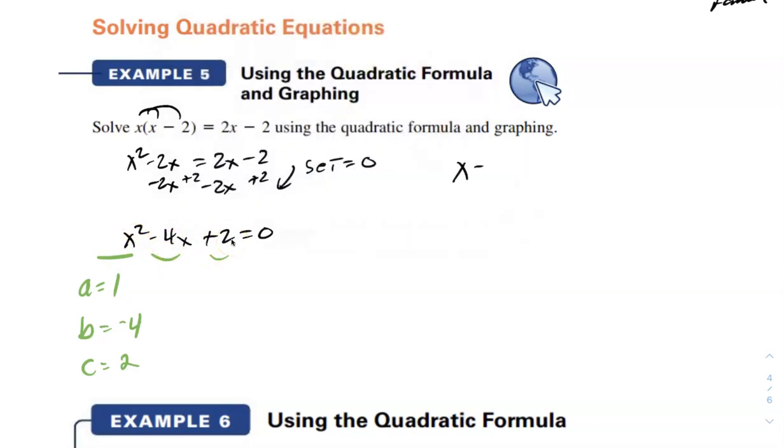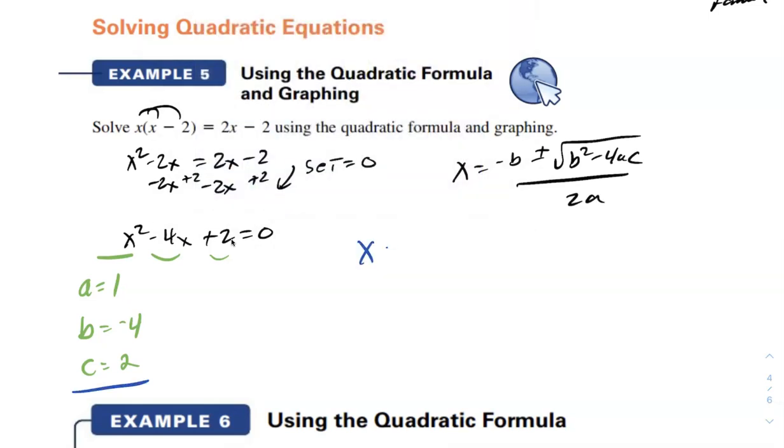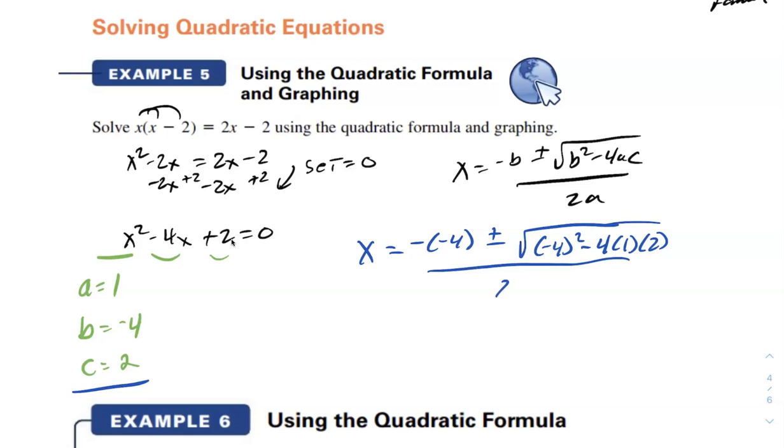The quadratic formula is x equals negative b plus or minus square root of b squared minus 4ac all over 2a. So if I substitute the values in, I get x equals negative 4 plus or minus square root of negative 4 squared minus 4 times 1 times 2, all over 2 times 1. And then we just simplify.